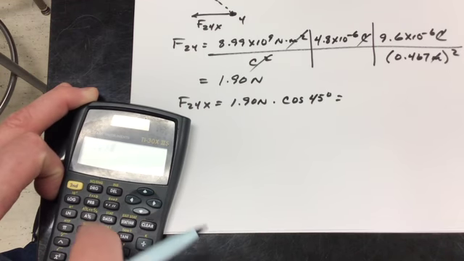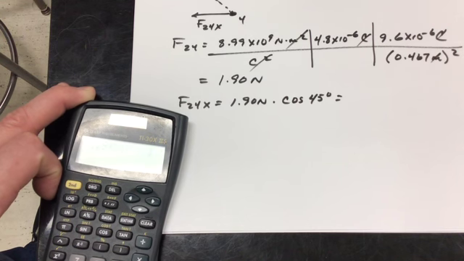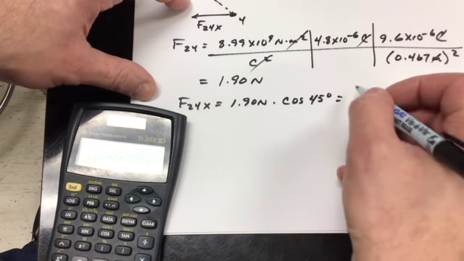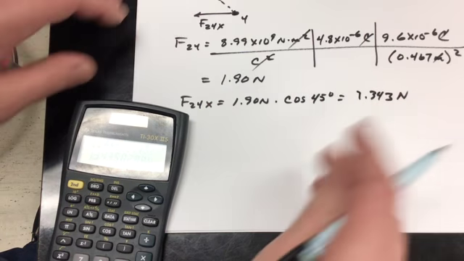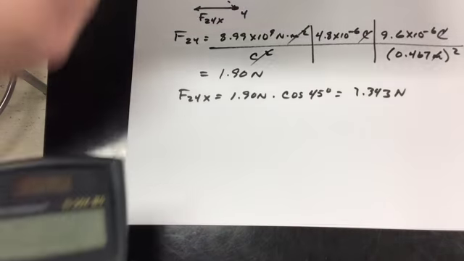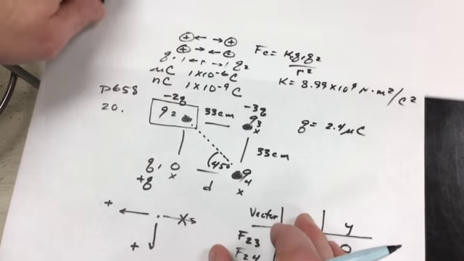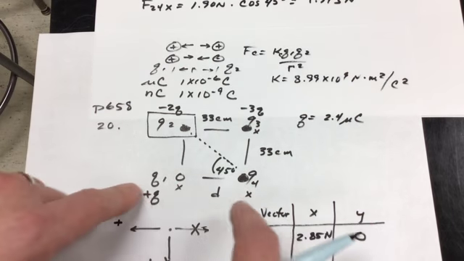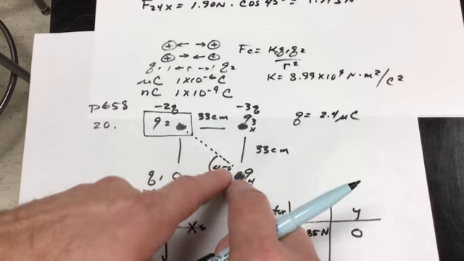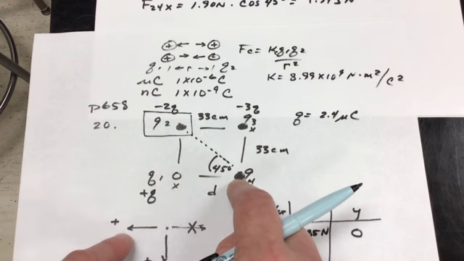mode, making sure we're in degree mode as opposed to radian mode. So times cosine of 45, and I get 1.343 newtons. So that's going to be now into our table, 1.343 newtons. And again, we said from 4 to 2 in the x direction, that's going to be a repulsion, that's positive.